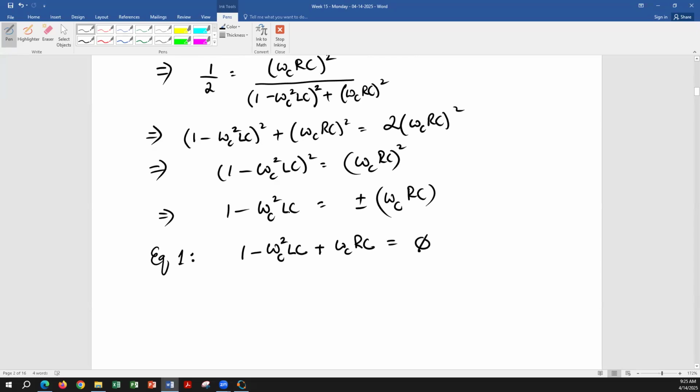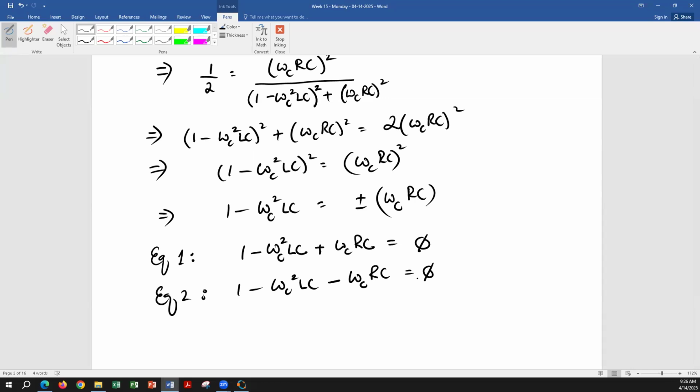When I take this on the left hand side of the equation, the right hand side is going to become 0. And my equation number 2, of course, is going to be with the opposite sign: 1 minus omega c square LC minus omega c RC equals 0.